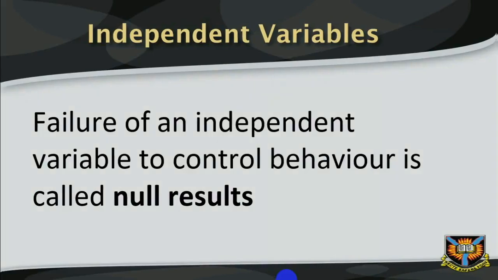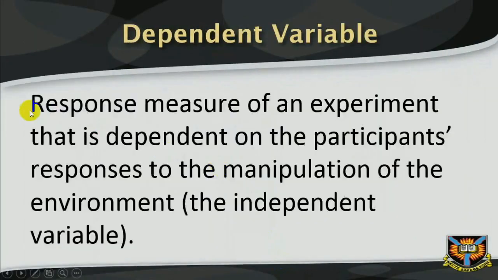Dependent variables. The dependent variable is the response measure of an experiment that is dependent on the participants' responses to our manipulation of the environment. In other words, the participant's behavior is observed and recorded by the experimenter and is dependent on the independent variable.